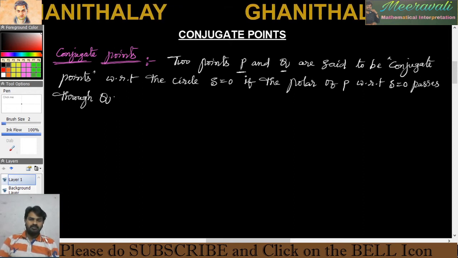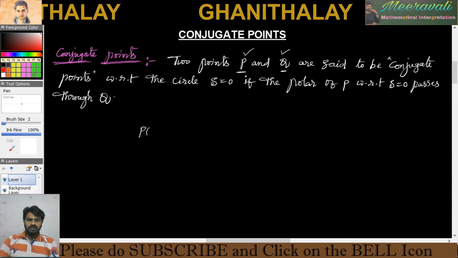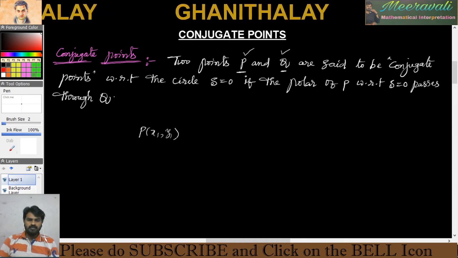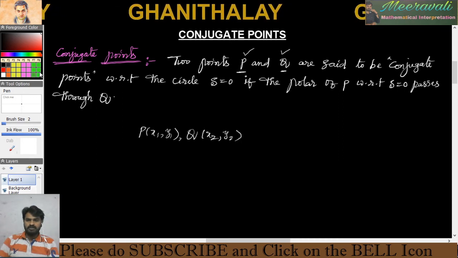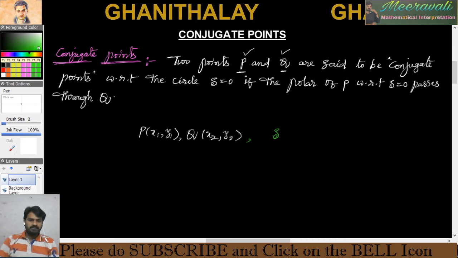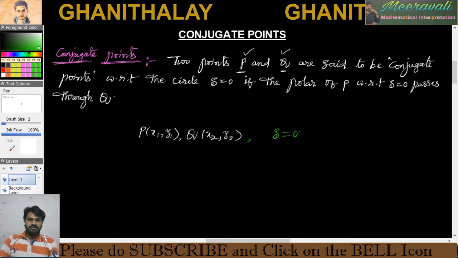So the definition of conjugate points: suppose P(x1, y1) and Q(x2, y2) are taken, and a circle S is equal to 0 is taken. Now we have to show that the 2 points are conjugate.